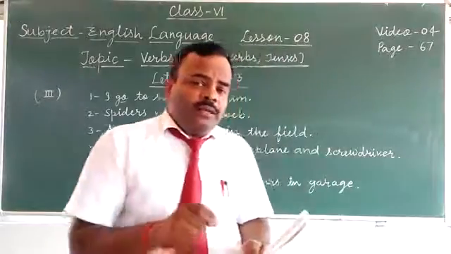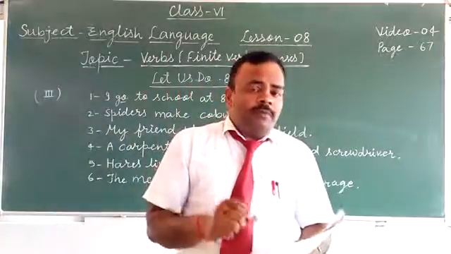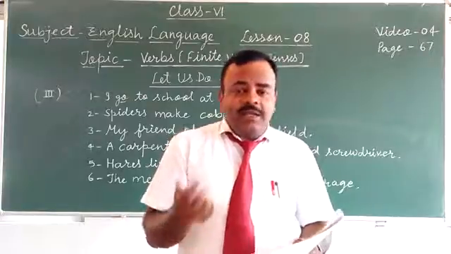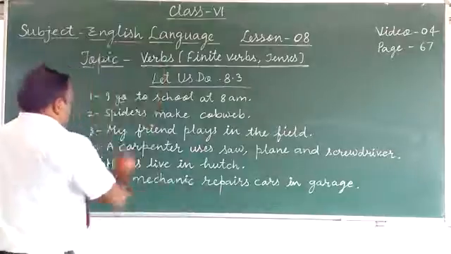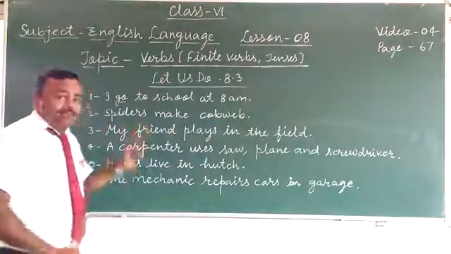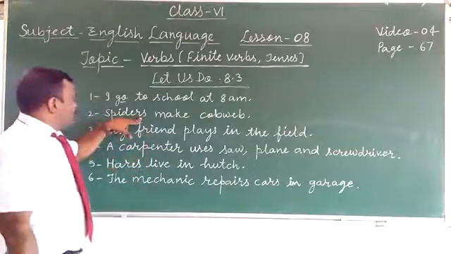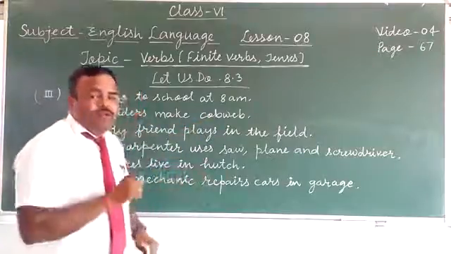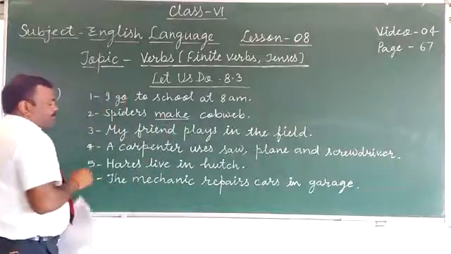So if do is given, it means we have to use first form of the verb. Does given, it means we have to add S or ES in the verb. Okay. So here see spiders make, not makes, because spiders here plural. The spiders make cobweb. Cobweb is given in front of the sentence. So the verb is make.